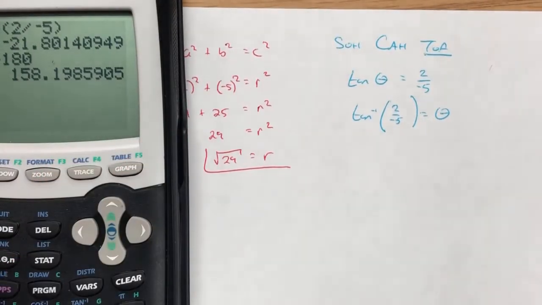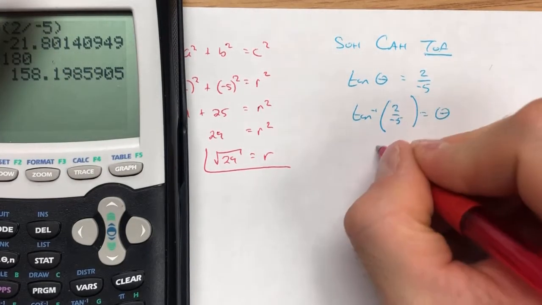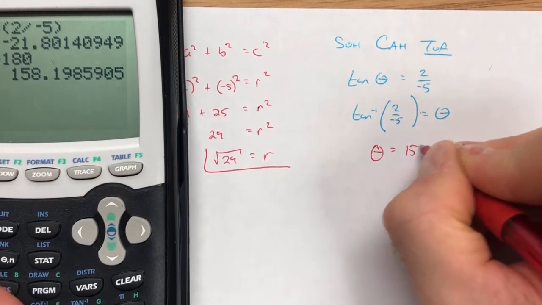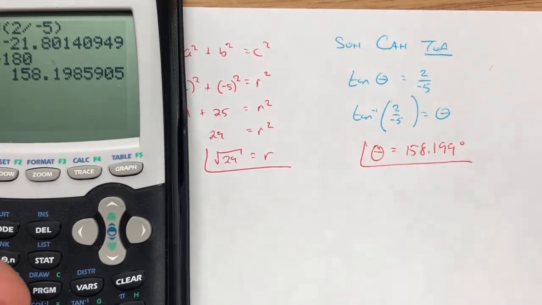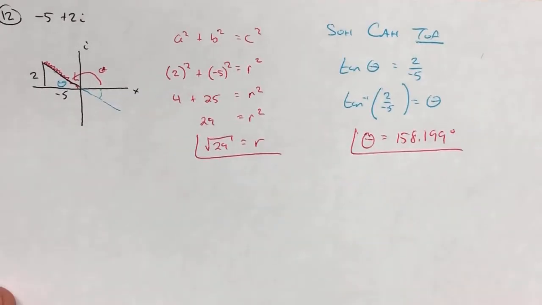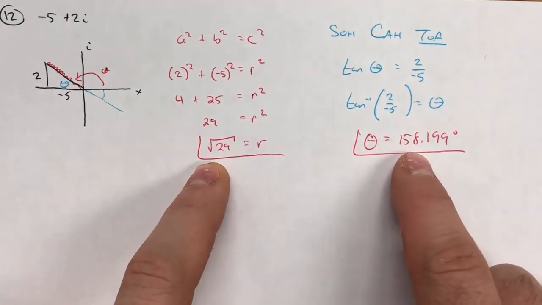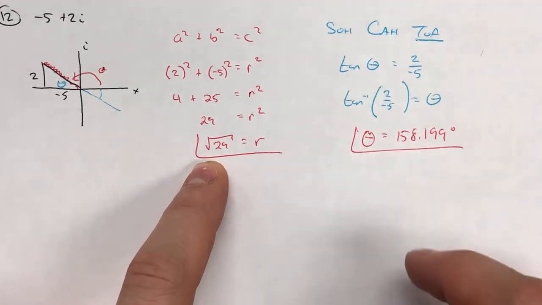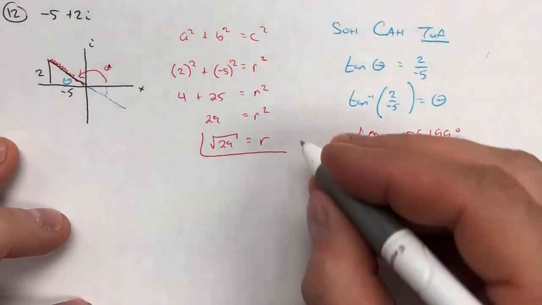My angle measure is 158.199 degrees. Okay. So if this was in polar form, I would simply write parenthesis, square root 29, comma, 158.199, close parenthesis, done.